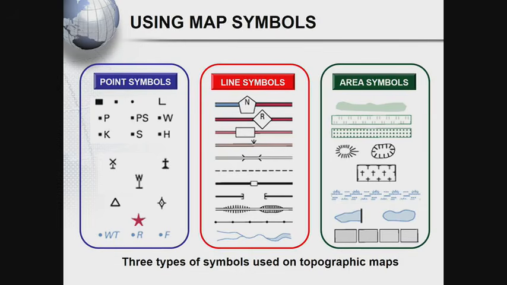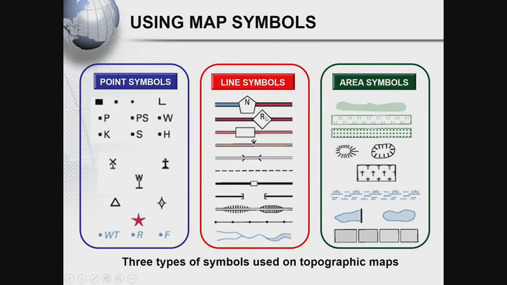Right. Our symbols, we can divide broadly into three groups. Point symbols, buildings, the first two indicate buildings, larger buildings, smaller buildings, right? A church, a kerk, in Afrikaans, a place of worship, a school, etc. That's a wind pump, the trig beacon that I spoke about, a lighthouse, or point symbols.